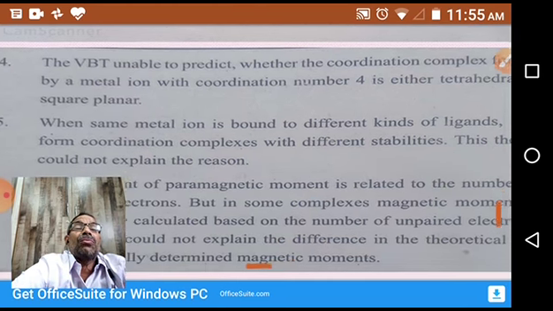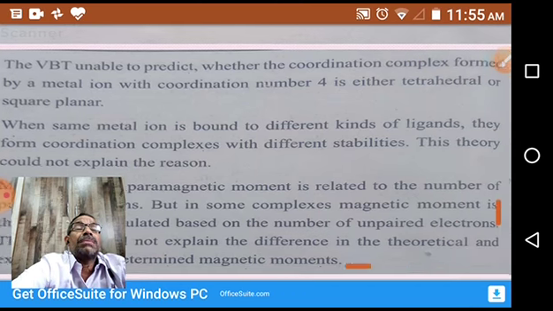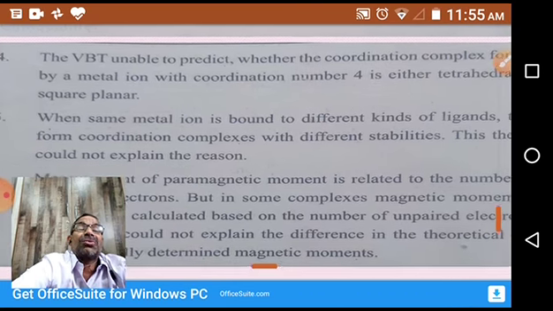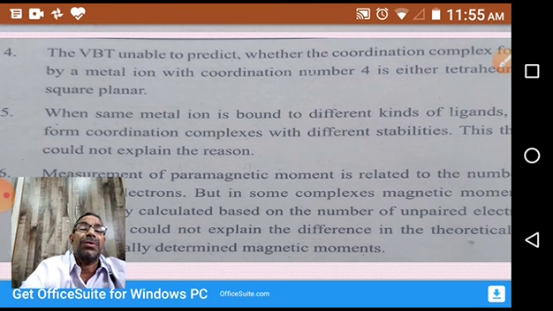One more: valency bond theory is unable to predict whether the coordination complex formed by a metal ion with coordination number 4 is tetrahedral or square planar. Nickel plus 2 generally exhibits coordination number 4. With some ligands it is exhibiting tetrahedral, with some ligands square planar.